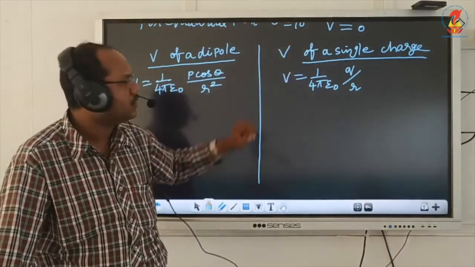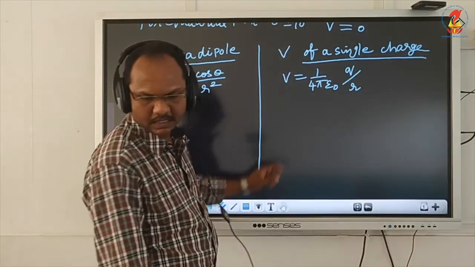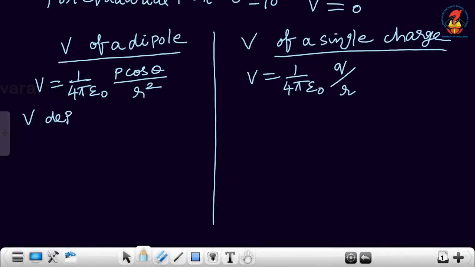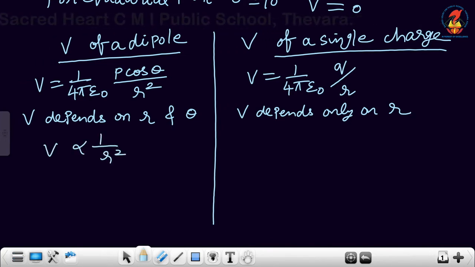Whereas electric potential due to a single charge depends only on R. So here V depends on R and theta. Here V depends only on R. Theta is not there. Then the second point, V is proportional to 1 by R square here. But here V is proportional to 1 by R.